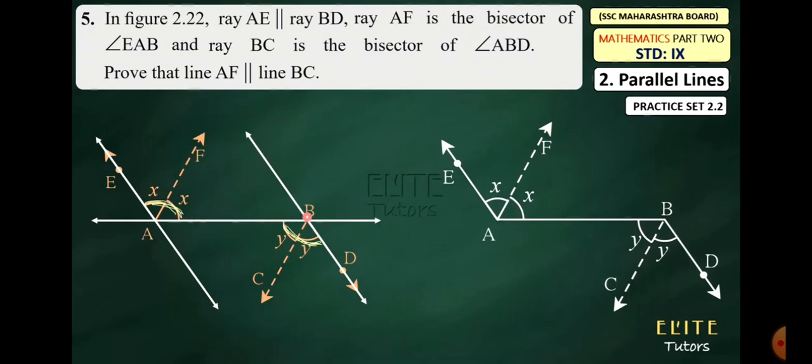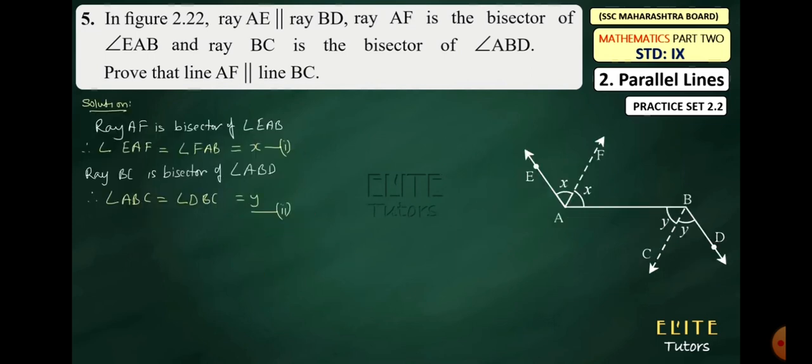See the figure, if we can prove this angle CBD or AFB is equal, then we can easily prove line AF is parallel to BC. So ray AE is parallel to ray BD and AB is a transversal. We can take AB as a transversal and ray AE is parallel to ray BD.